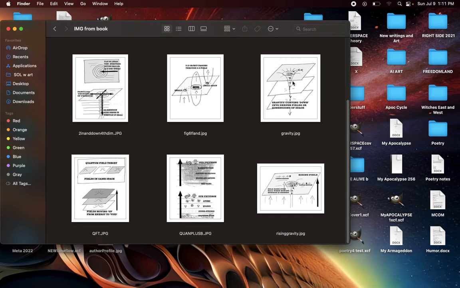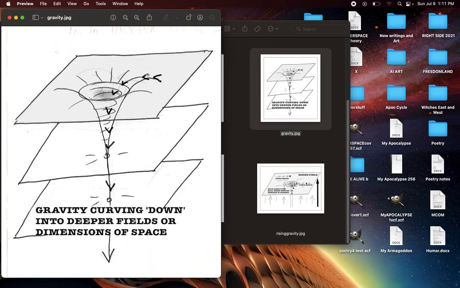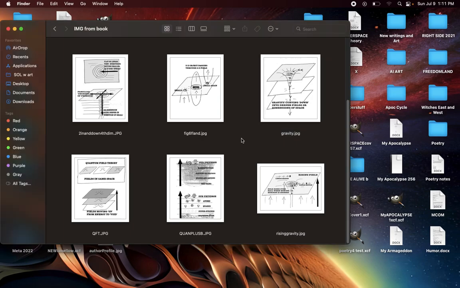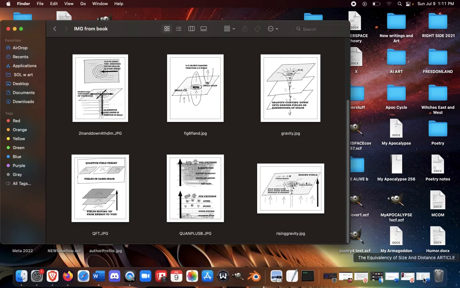So this deeper direction. As we curve inward, gravity curving inward, and then curving into the fourth dimension, or the fourth spatial direction, it curves down into deeper fields of space, and quantum particles would be held within these deeper fields. But this also tells us about the nature of gravity.